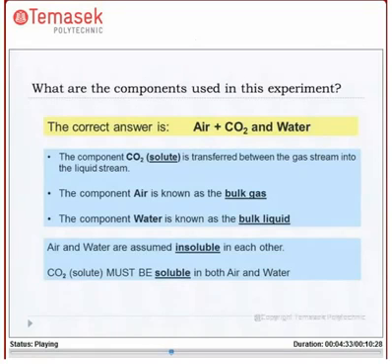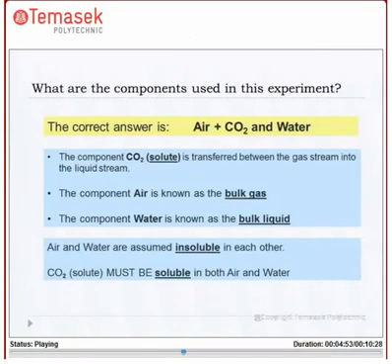Air is called the bulk gas and is generally unreactive in this system, except to carry the carbon dioxide along. Water is called the bulk liquid and, similar to the air, is unreactive in this system and simply carries the carbon dioxide out of the system.